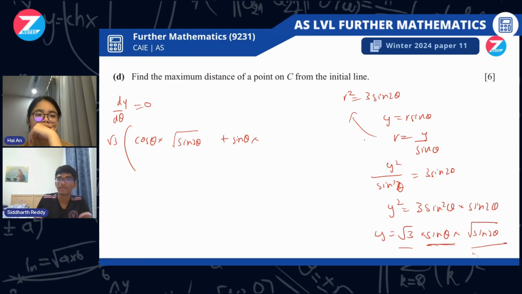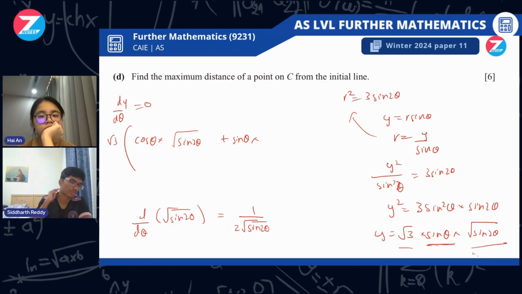So the derivative of root sine 2 theta, d by d theta of root sine 2 theta. First of all, if there's a root inside, the first thing will always be 1 by 2 root sine 2 theta. That's a useful thing to have at hand, since the derivative of root x is 1 by 2 root x.